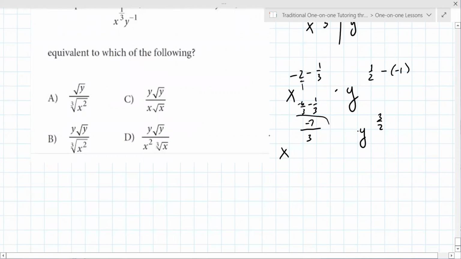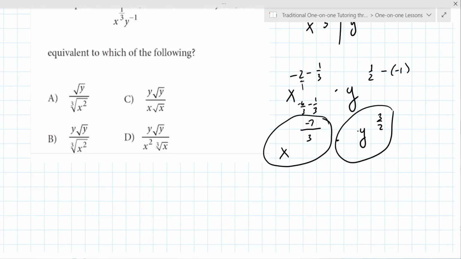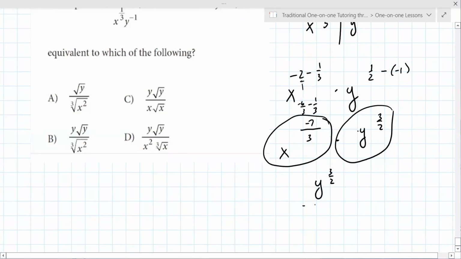Okay, now when you have a negative exponent, what do you do? You bring it down to the bottom. So it's y to the 3/2 on the top over x to the 7/3.